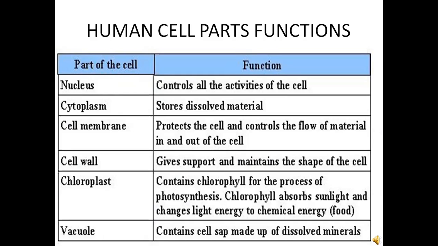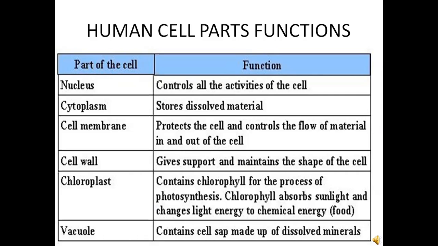First, nucleus. Nucleus controls all the activities of the cell. And cytoplasm stores dissolved materials. Next, cell membrane protects the cell and controls the flow of material in and out of the cell.